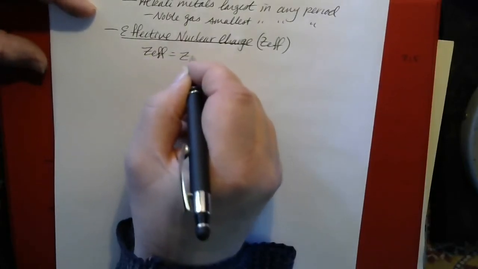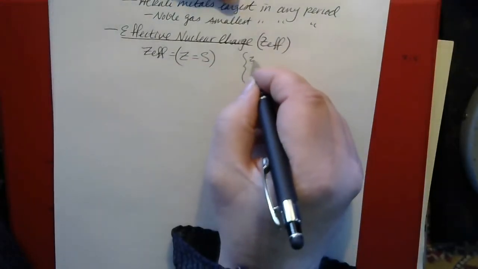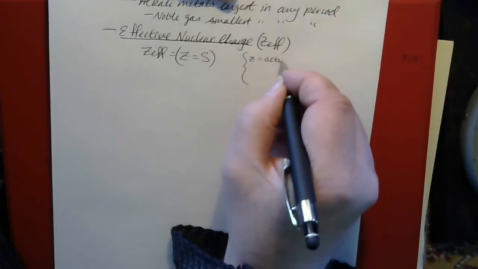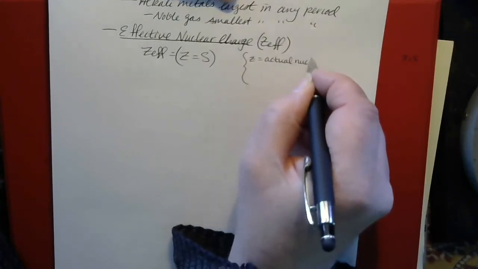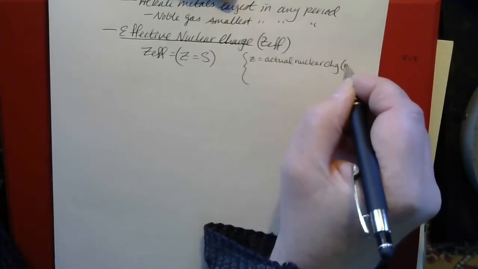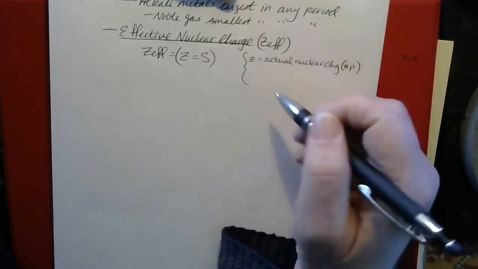Effective nuclear charge is equal to Z minus S, which is actually the same as what I told you before, because Z is the actual nuclear charge, which is the same as the number of protons, which is the atomic number.